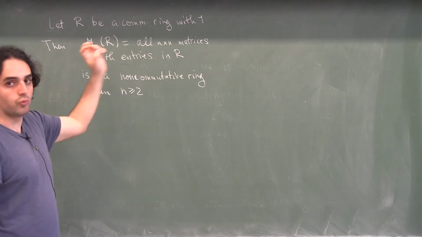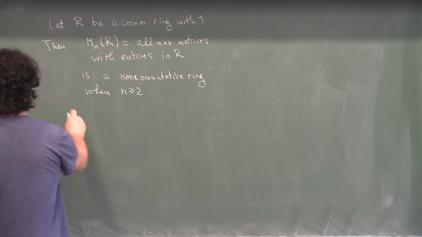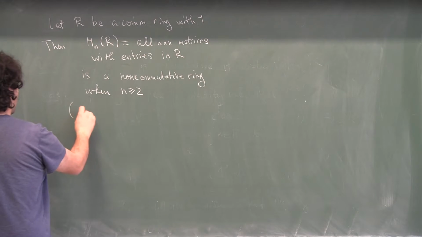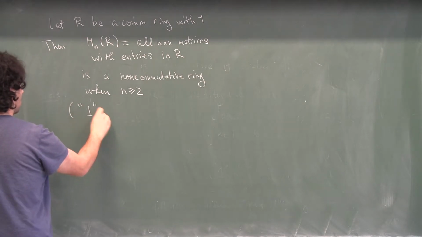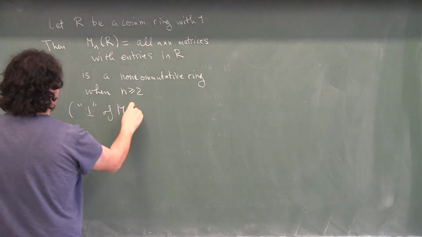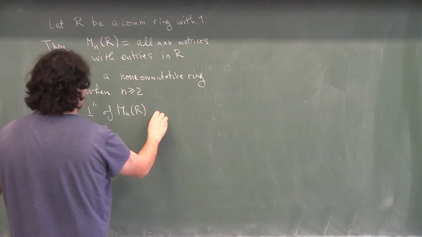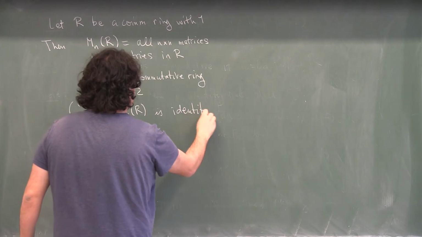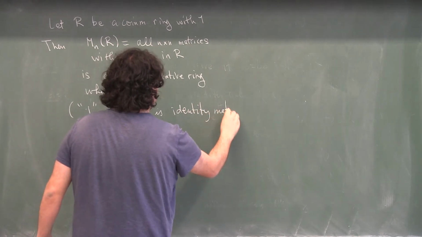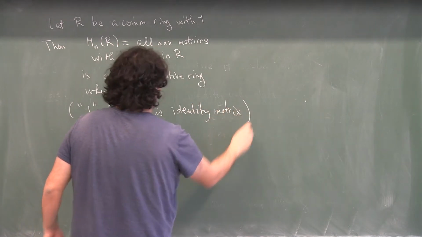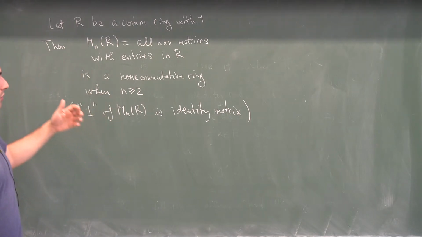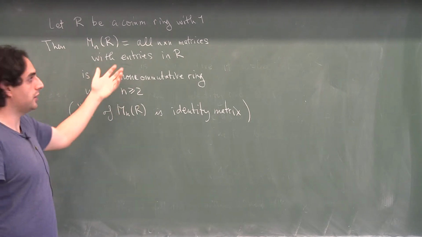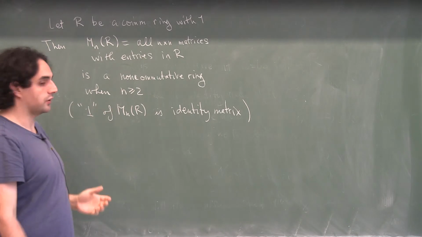The 1 of Mn(R) is the identity matrix, while the 0, the identity for the additive structure, is the 0 matrix.